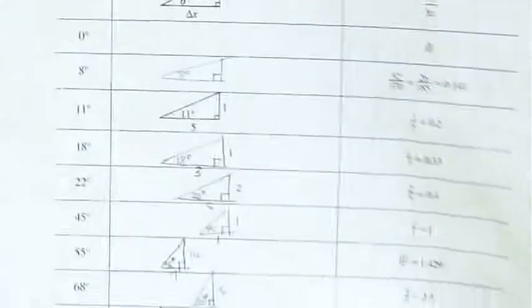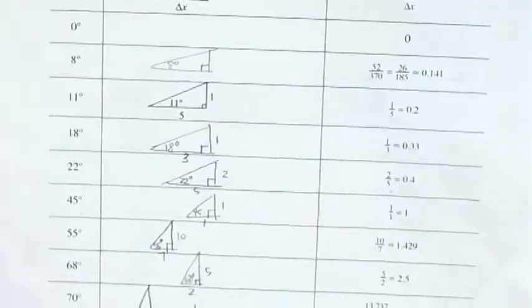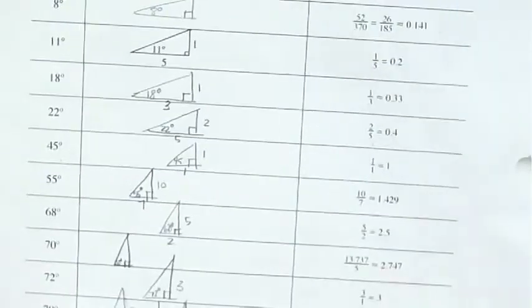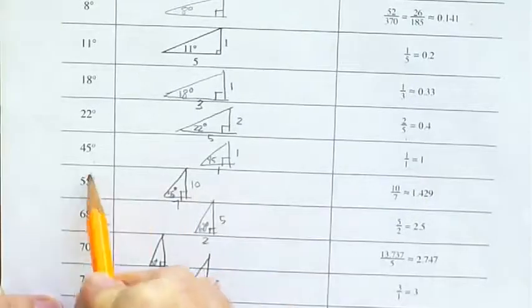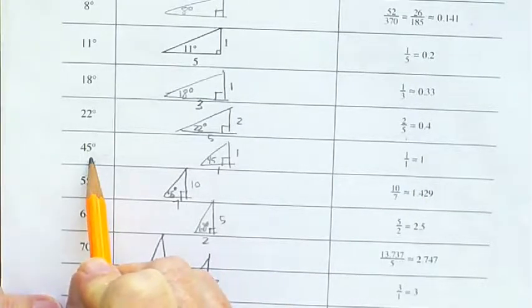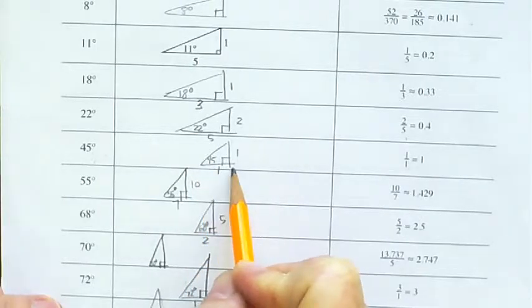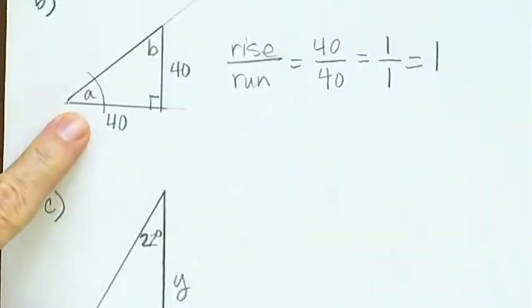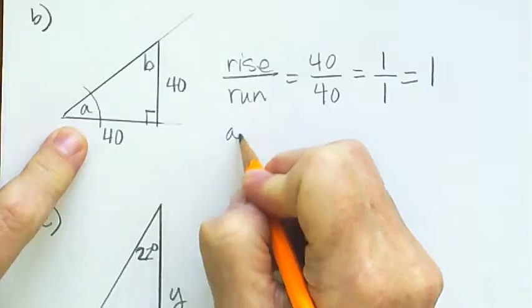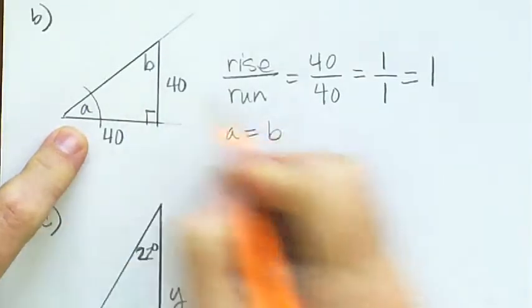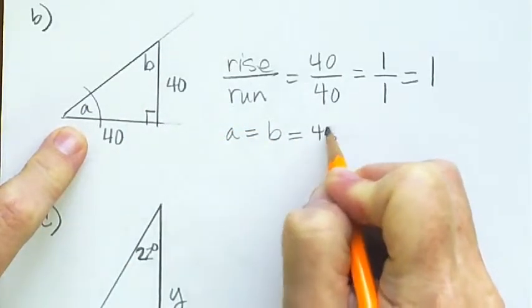So if you look at your trig graphic organizer, the slope of 1 corresponded to an angle of 45 degrees. The rise and the run was 1. So this angle must be 45 degrees. And so is B. So A equals B equals 45 degrees.